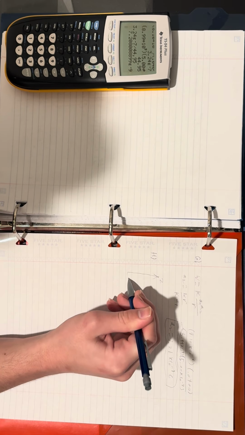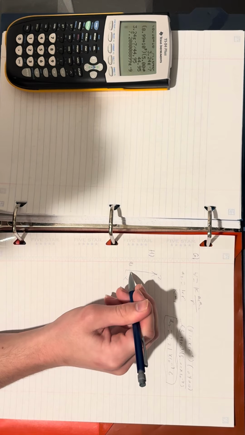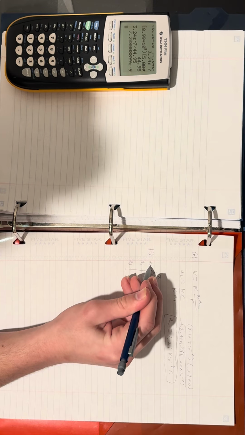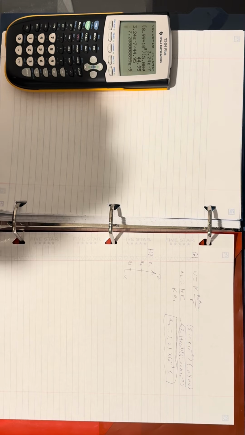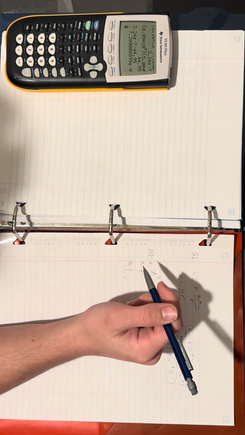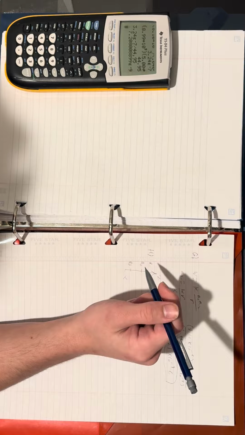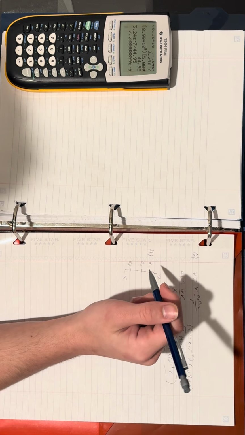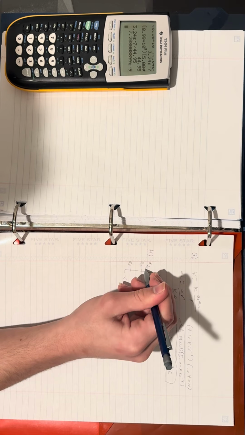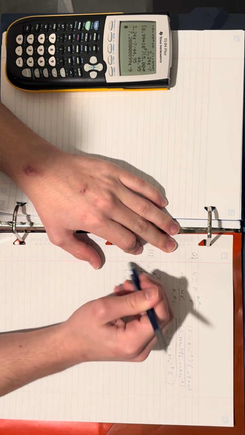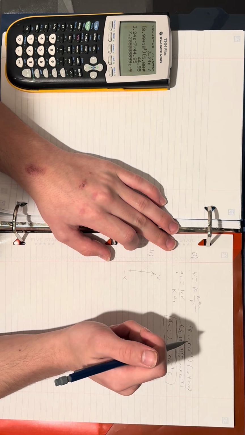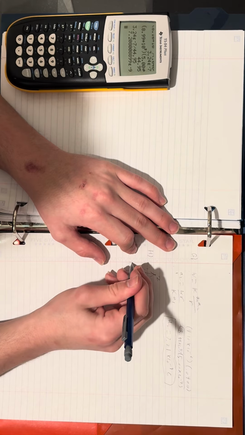Put Q3 here, Q2 here, Q1. Actually, you just do Q2, we have 7.2. Hold on, I know I want to put Q3 here.